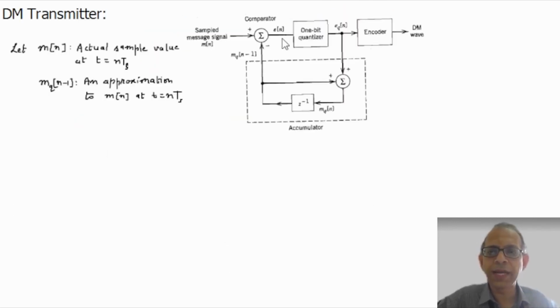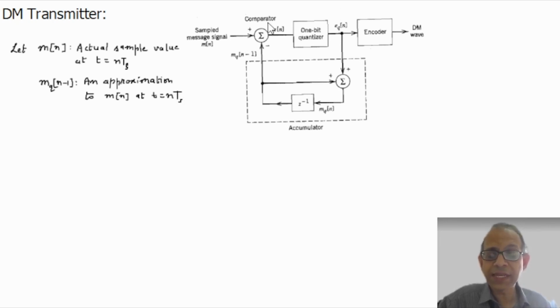This is the block diagram of a DM transmitter. We have a message signal m(t) which has been sampled, and we have the actual sample values m[n] here. So m[n] represents the actual sample value at t equal to nTs. And let mq[n-1] represent an approximation to m[n] at t equal to nTs.